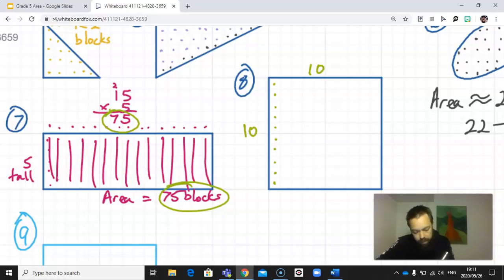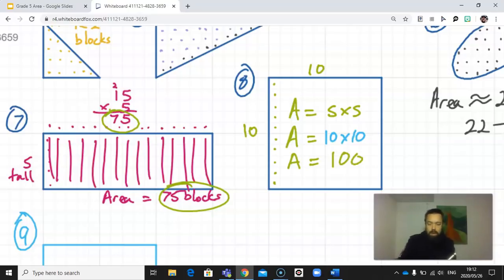So all I'm going to do is say area is equal to the side times the side. That's an S, not a 5. The area is equal to, and at this point what I'm going to do is put what the side is in, 10 times 10, and the area is equal to 100 blocks.